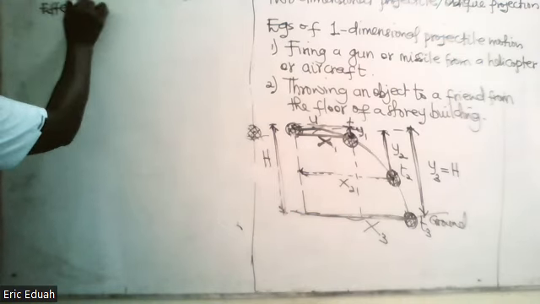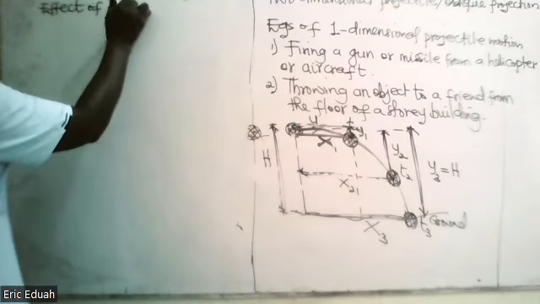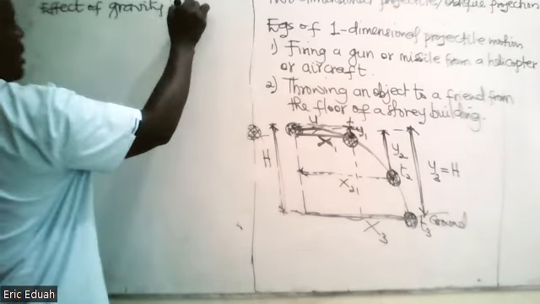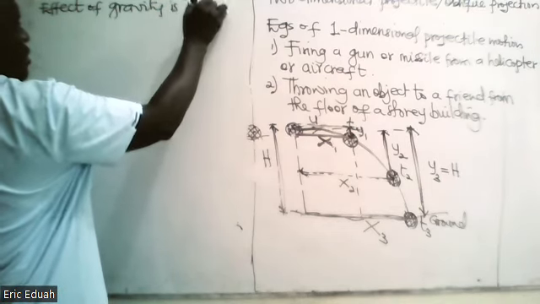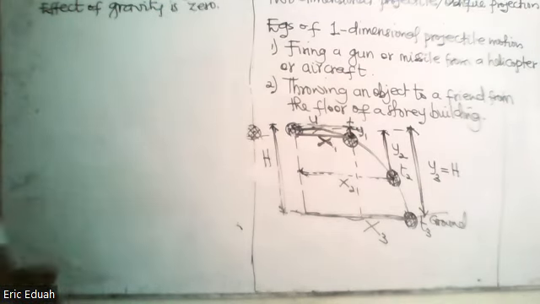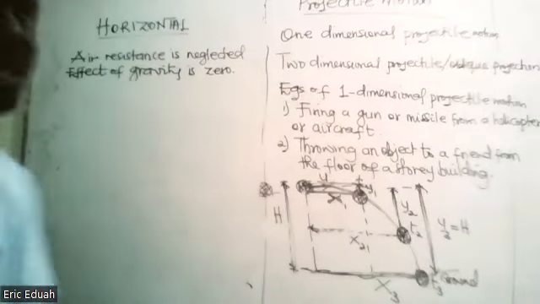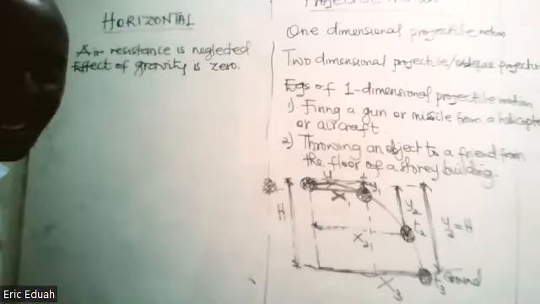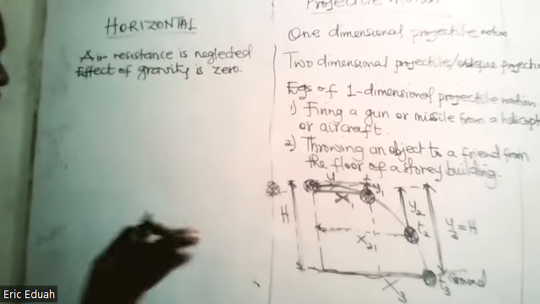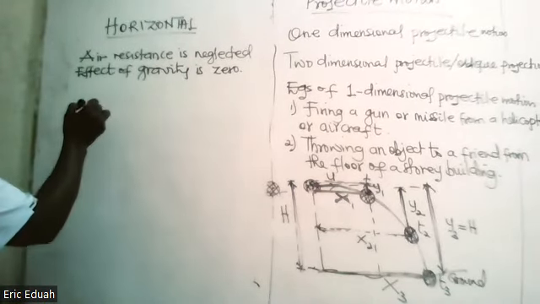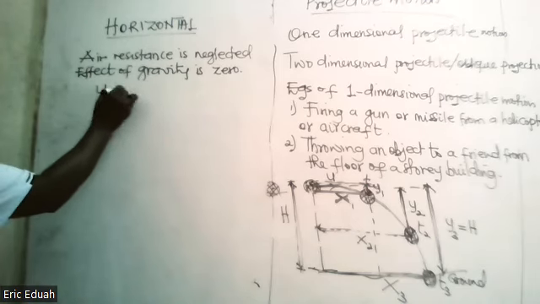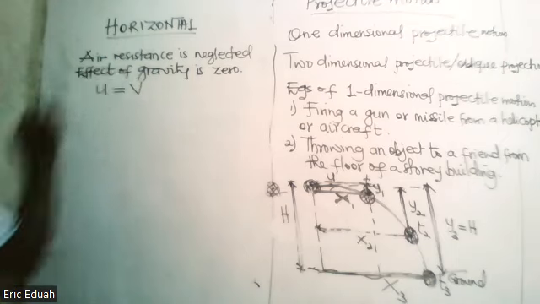Effect of gravity is zero. So if air resistance is neglected and gravity is nil, then we can say that horizontally, the object's initial velocity would be equal to the final velocity.